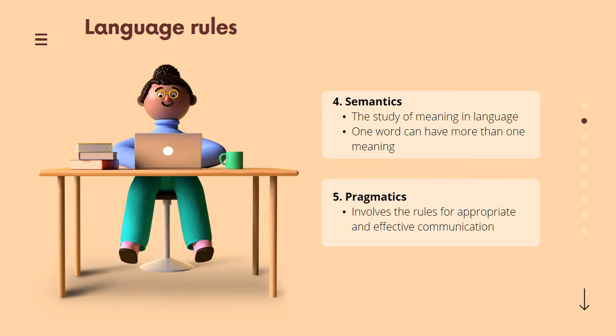The fourth one is semantics, the study of meaning in language. One word can have more than one meaning. For example, human. It can be either girl or boy, male or female, or might be children or adults.